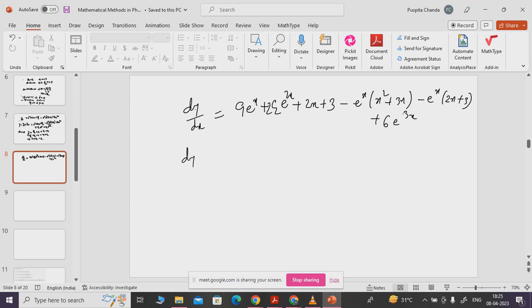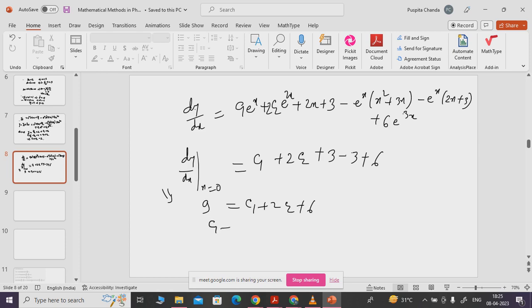So at x is equal to 0, this is c1 plus 2c2 plus 3 minus 3 plus 6, and this is equal to 9. c1 plus 2c2 plus 6, so c1 plus 2c2 is equal to 3. c1 plus c2 is equal to 2, c1 plus 2c2 is equal to 3. From that we can say that c1 is equal to c2 is equal to 1.